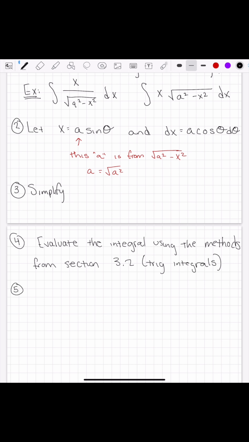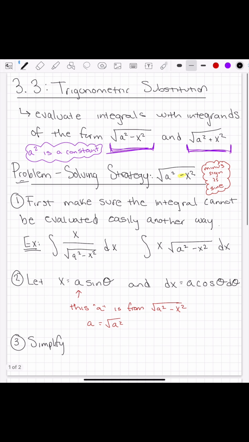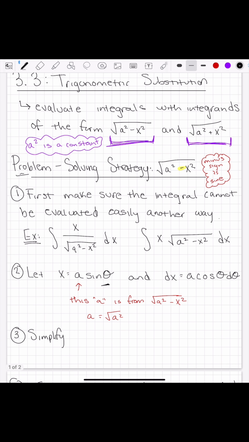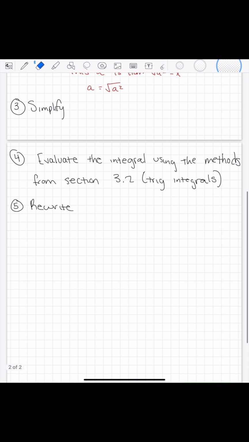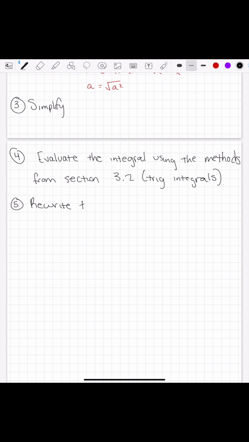And then 5, you need to rewrite just like U substitution, right? This is another type of substitution. Here we're substituting using trig functions, right? So that's why it's called trig substitution, right? But remember, we don't want to have an answer in terms of theta, we want to answer in terms of x. So we need to rewrite the results in terms of x.